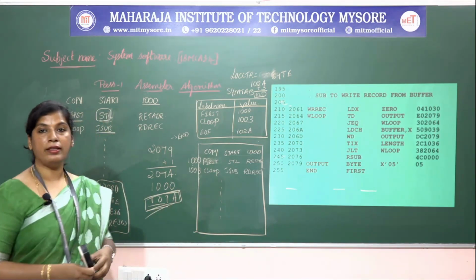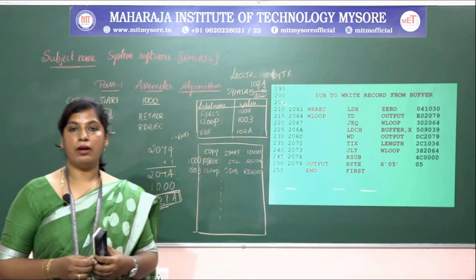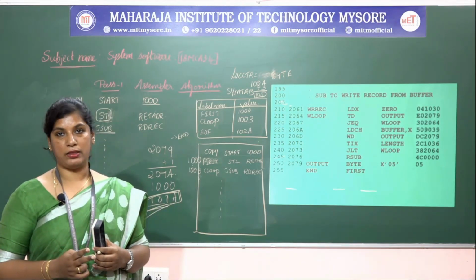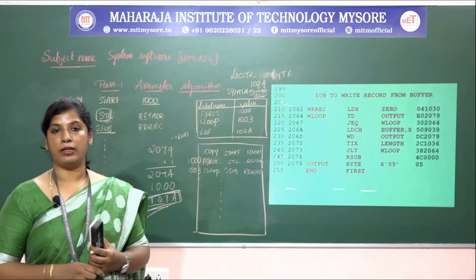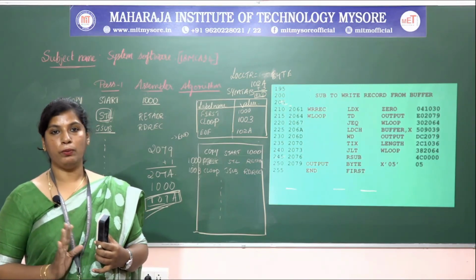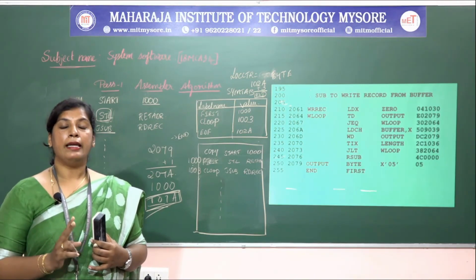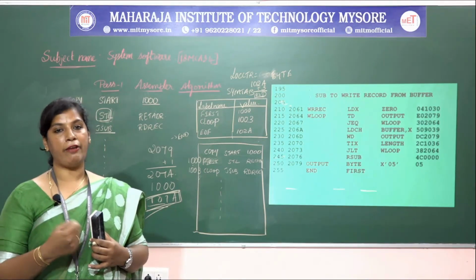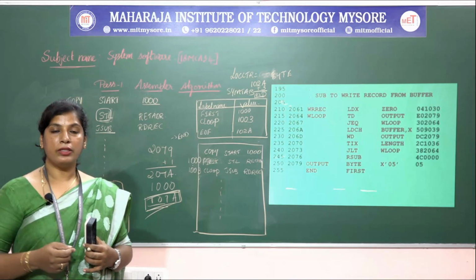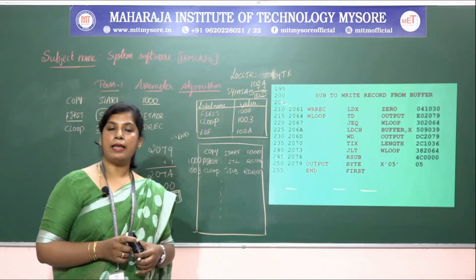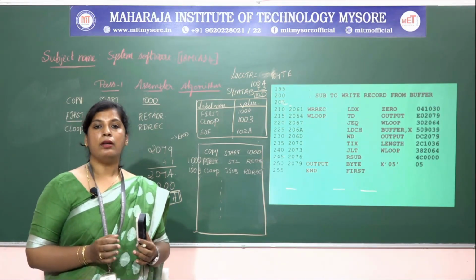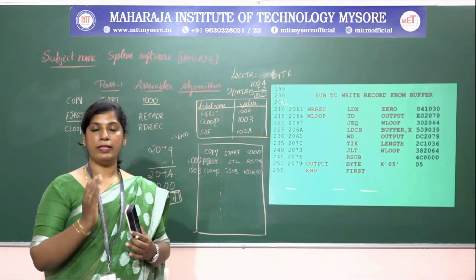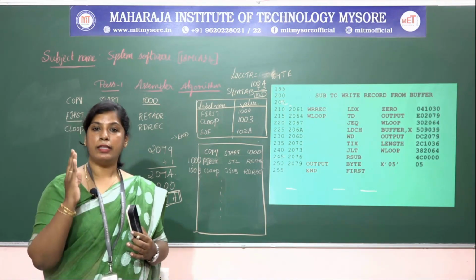So this is how the pass 1 algorithm of a 2 pass assembler works. A 1 pass assembler is different, and a 2 pass assembler is different. In a 2 pass assembler there are 2 passes, pass 1 and pass 2. In a 1 pass assembler, everything is done in a single pass. During pass 1, please remember that it processes only the label field and the mnemonic field.